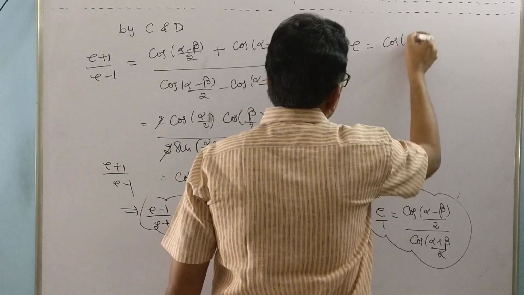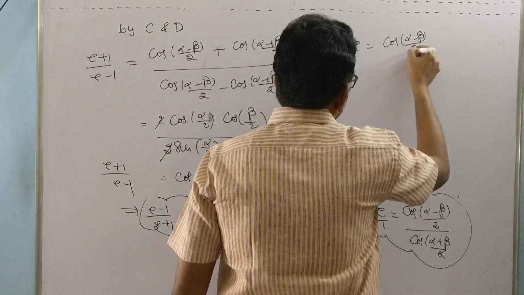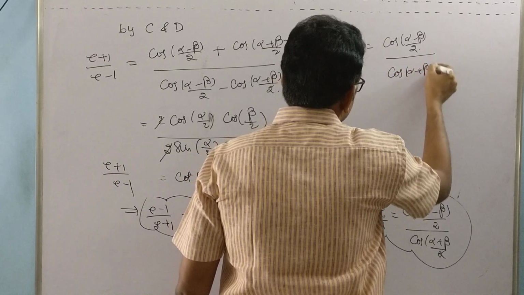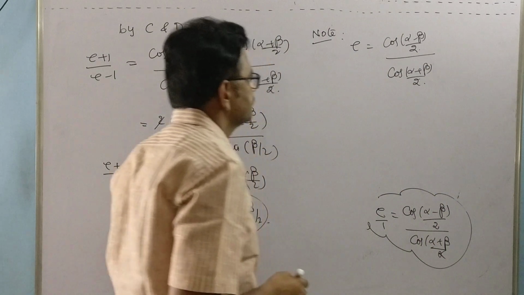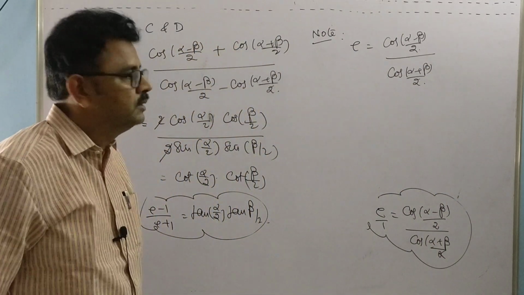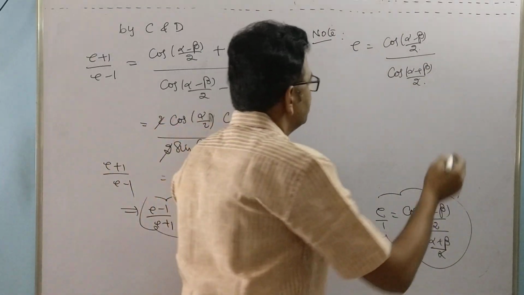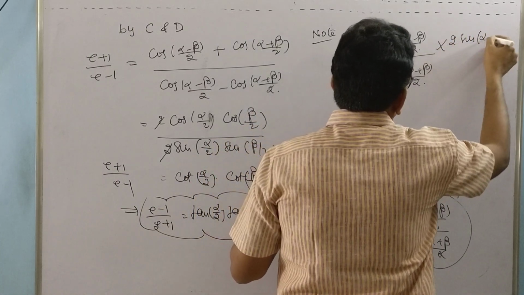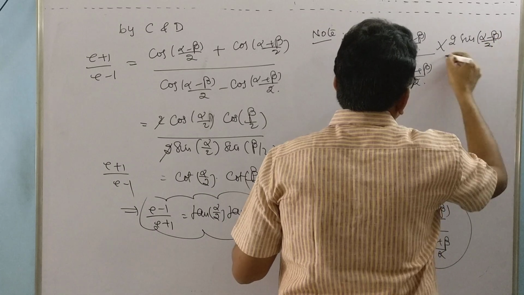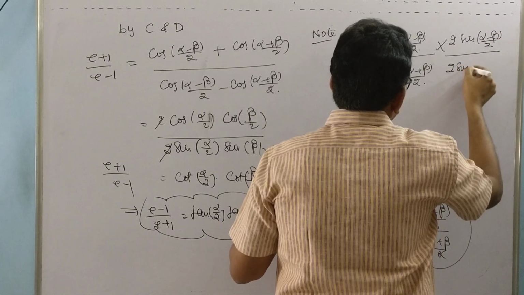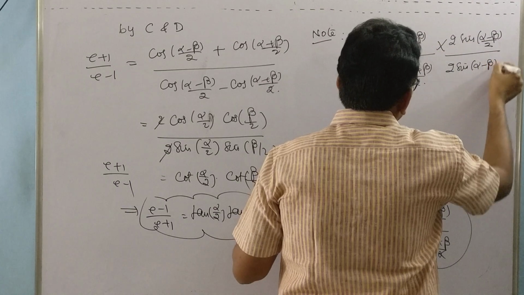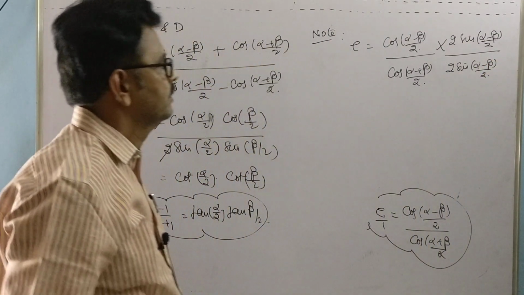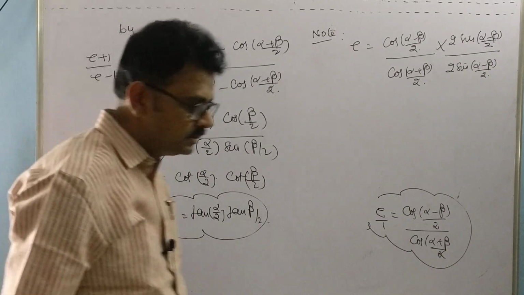So this is cos of (alpha minus beta) by 2 by cos of (alpha plus beta) by 2. Okay, now for this I am multiplying and dividing by 2 sin of (alpha minus beta) by 2.